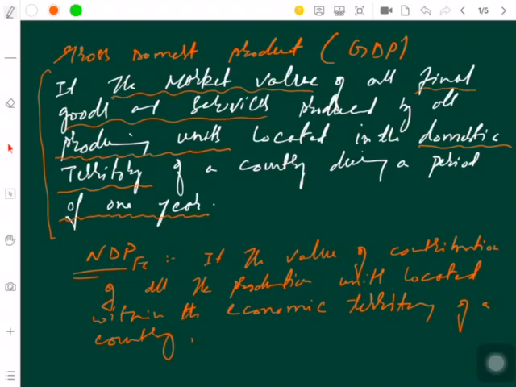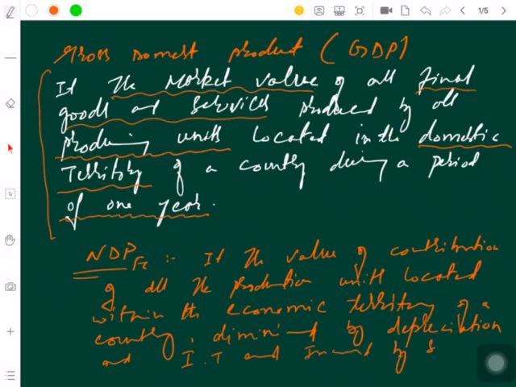So in order to reach the NDP at factor cost, we will have to diminish it by depreciation, which is also called consumption of fixed capital, and indirect taxes, and add subsidies.